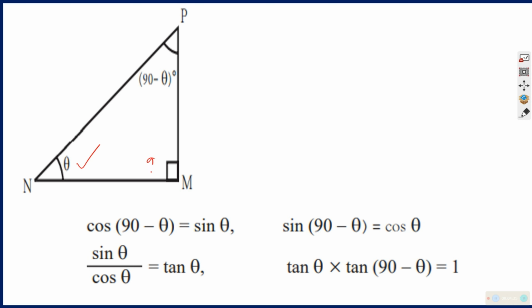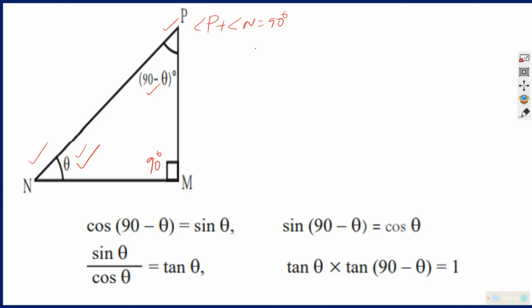If this is a 90 degree angle, so it is a right angle, the remaining two angles, angle P and angle N, together will make 90 degrees. So if this is theta, naturally this will be 90 minus theta, because angle P plus angle N is equal to 90 degree.